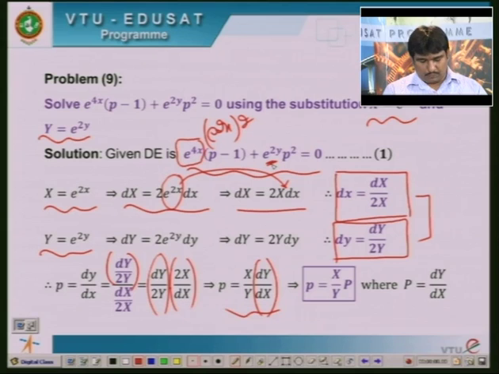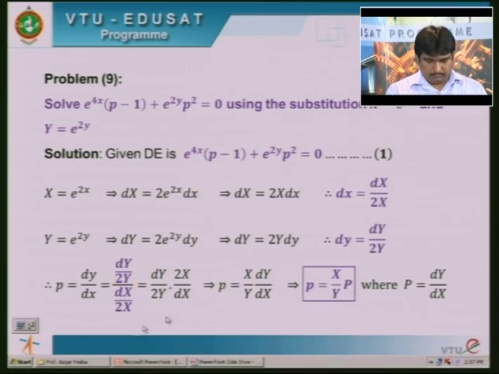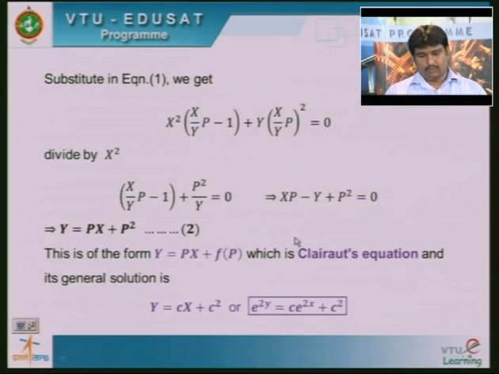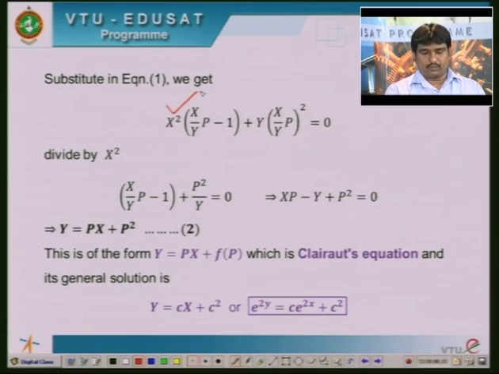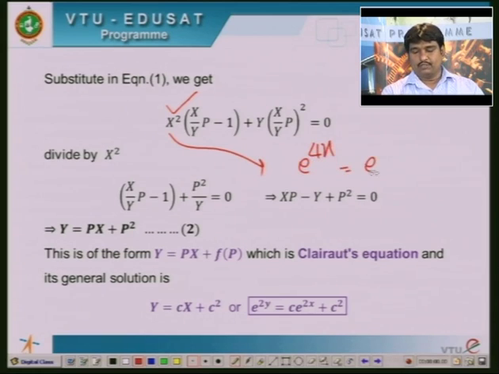You substitute for small p also. As I said earlier, it is capital X square, which corresponds to this term e to the power of 4x, which is e to the power of 2x the whole square. E to the power of 2x is x, so it is x square.